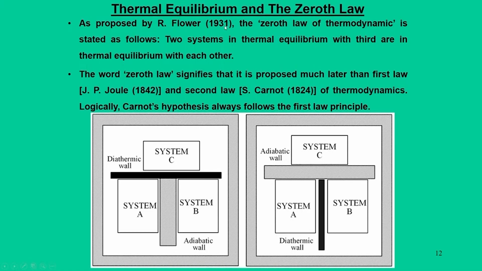And why does this word Zeroth come into the picture here? Since it was proposed in the year 1931, prior to this the first law and second law had already been developed. The first law was proposed in the year 1842 by Joule, and the second law was proposed by Carnot, in 1824, and they have their own understanding and viewpoints.